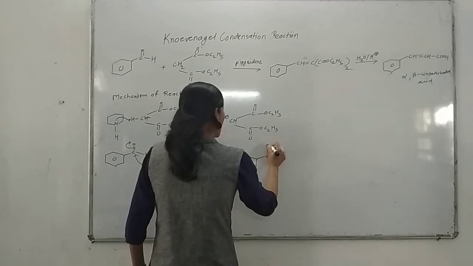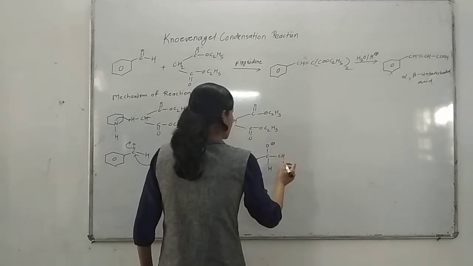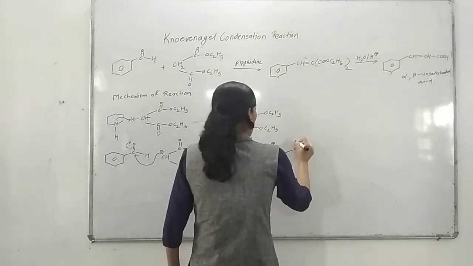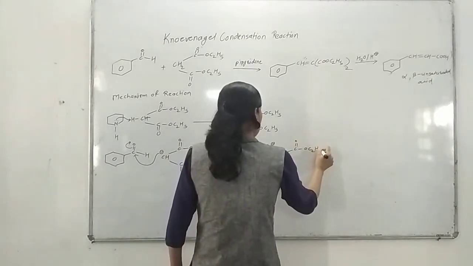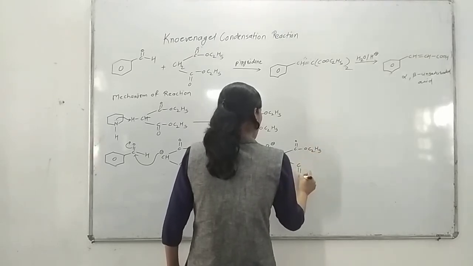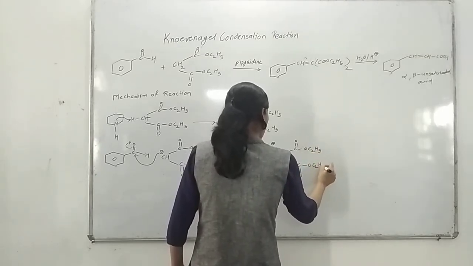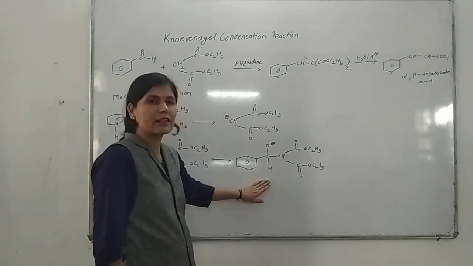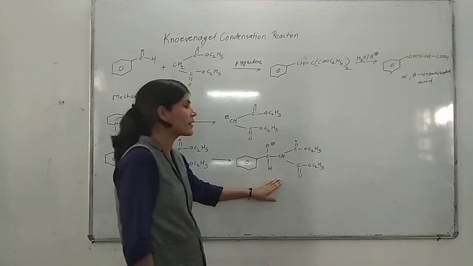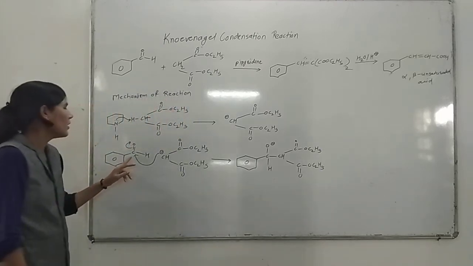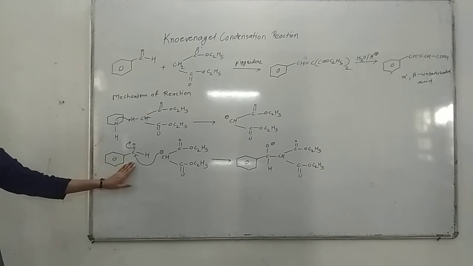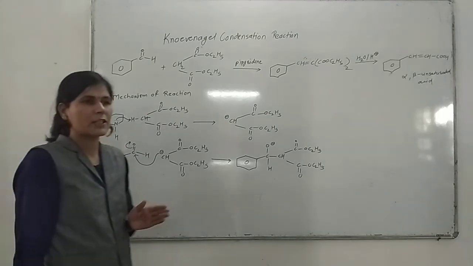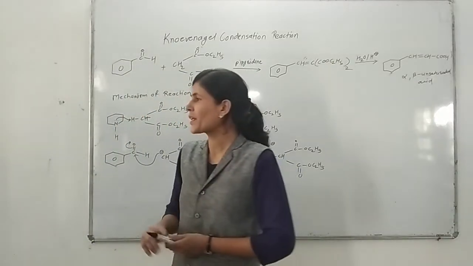C6H5CH(O negative)CH(C double bond O, OC2H5) twice. In the next step, this is a tetrahedral intermediate. Why is it called a tetrahedral intermediate? Because here the carbonyl carbon has sp2 hybridization, and we know that when a carbon atom has sp2 hybridization, its geometry is planar.